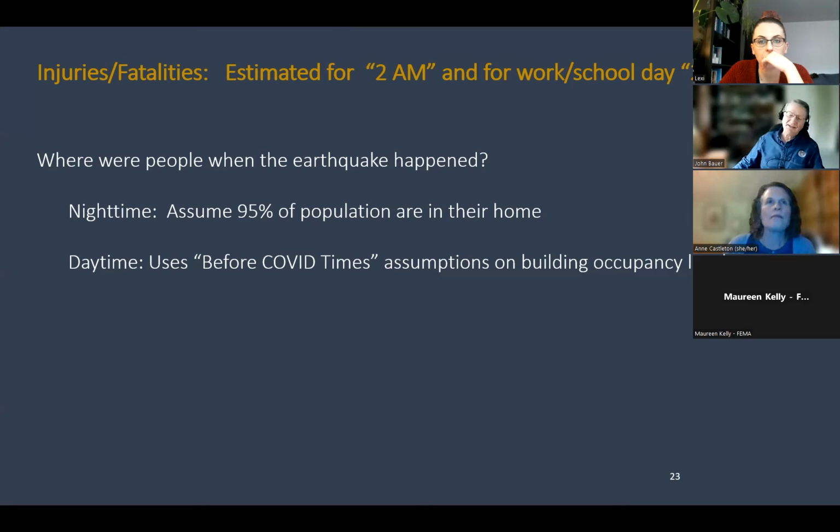So you can imagine that the daytime casualty estimates, I shouldn't use that word, I should say the daytime injury and fatality estimates will be higher than the nighttime. So both will come out of the two-pager model, I believe. We'll have to clarify that, Maureen.